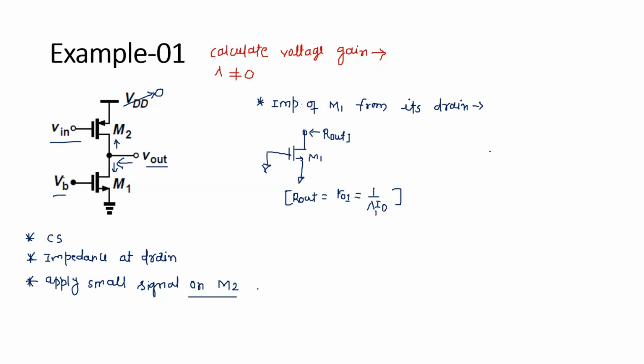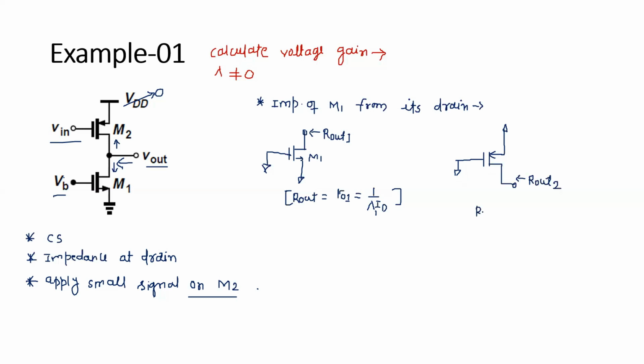Now we have to calculate the impedance for this. For AC analysis, the source is at 0. And for output impedance calculation, we also make the input 0. Actually Vin is a small signal, but for output impedance calculation we make all the sources 0. So this Vin is also 0.